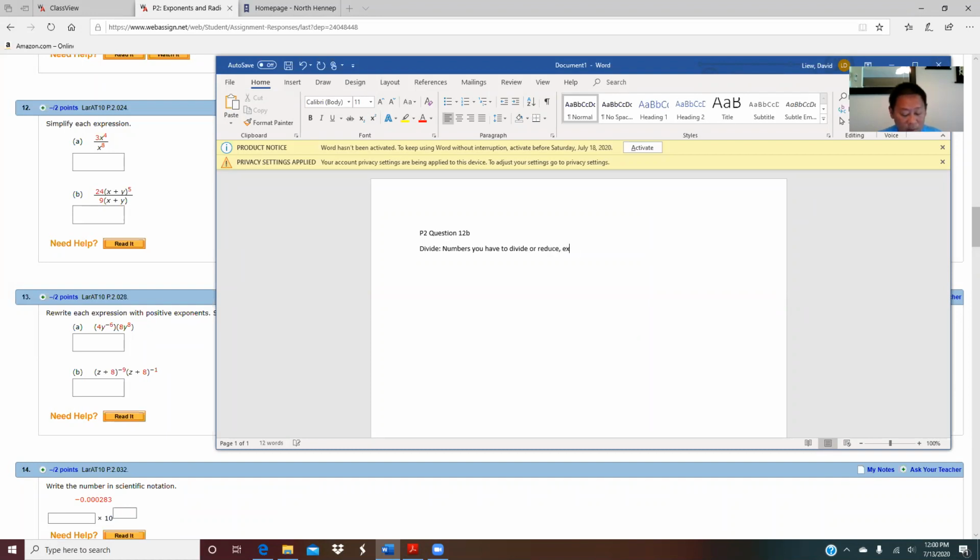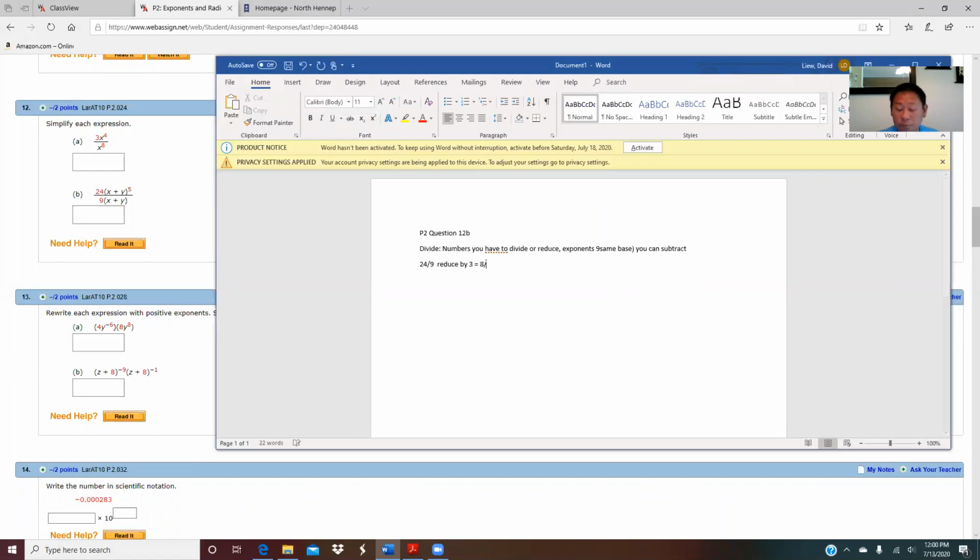For exponents, make sure that they have the same base, then you can subtract. And when I say subtract, it means you do it from the top to the bottom, minus. For this example, 24/9 can be reduced by 3, so you will get 8/3.